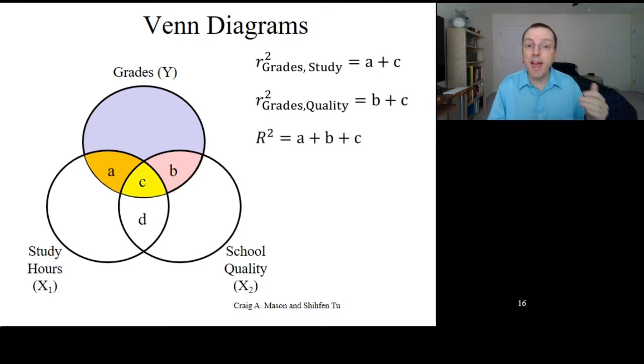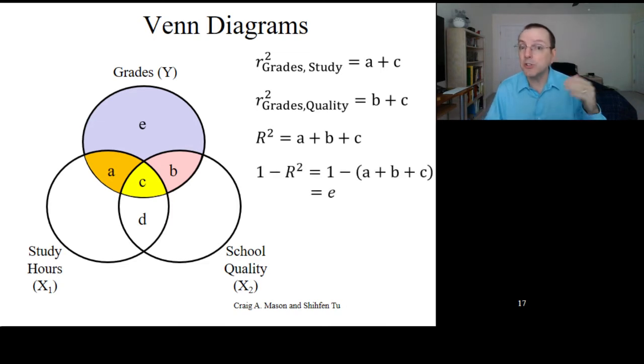The variance in the outcome that's related to our set of predictors. With Venn diagrams, you can literally see how that total R squared is equal to the sum of these overlapping pieces of variance. Now finally, the variance in grades that's not related to any of our predictors is reflected in this area, which we'll label E. That's equal to 1 minus our R squared.